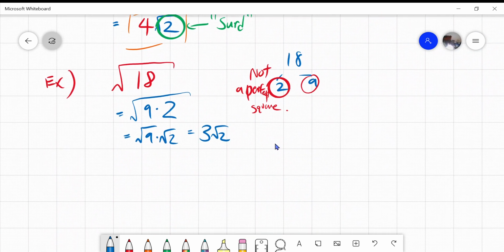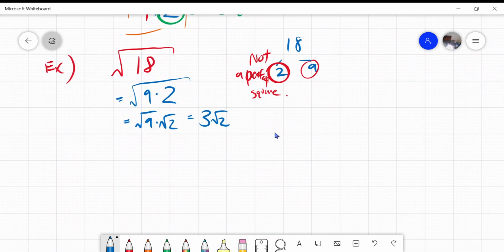Now notice we're only working with square roots here, but we can also generalize this, right? So say you have something like the cube root of, let's say, 16.